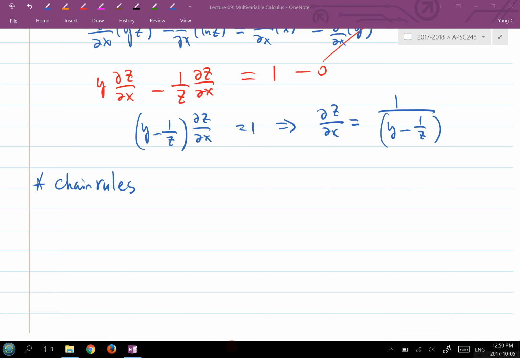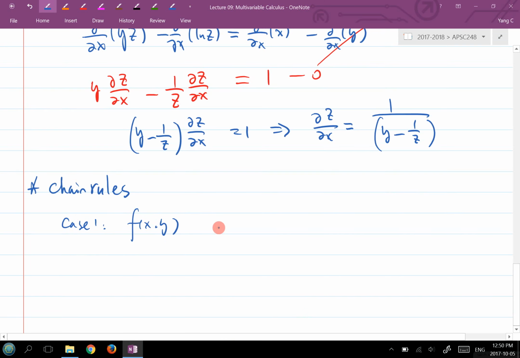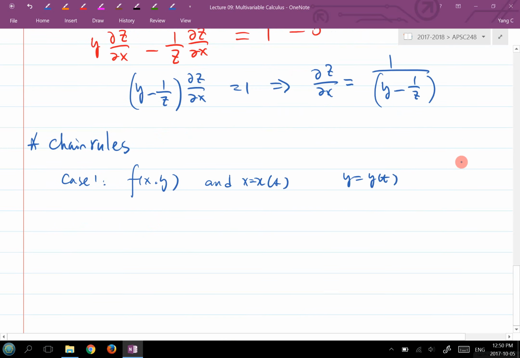There are different cases of chain rule here. Let's take a look at the first case. If we have a function f of x, y, and x is a function of t, and y is also a function of t, and we are looking for df over dt, this is essentially a chain rule, but you don't necessarily have to follow it.